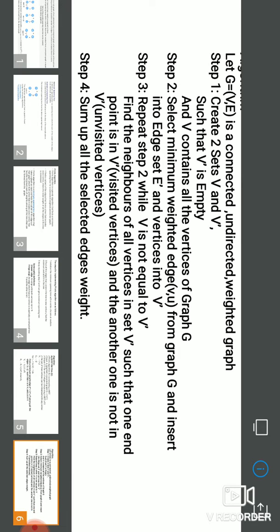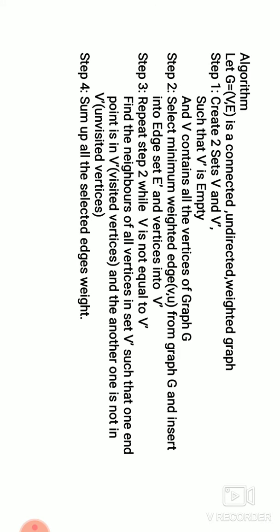In the second step, we start selecting the minimum weight edge (V, U) from graph G and insert that edge into the edge set E dash and the vertices into V dash. That is, for a current vertex, we find the next adjacent vertex which is connected through an edge.